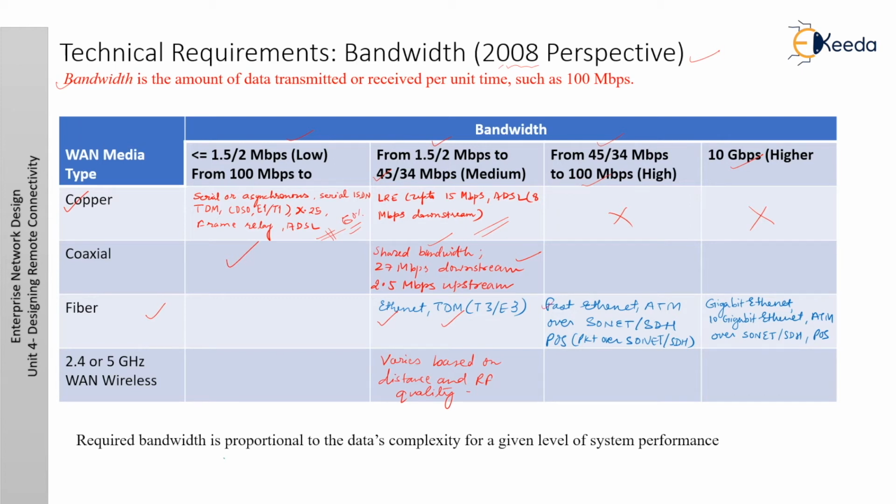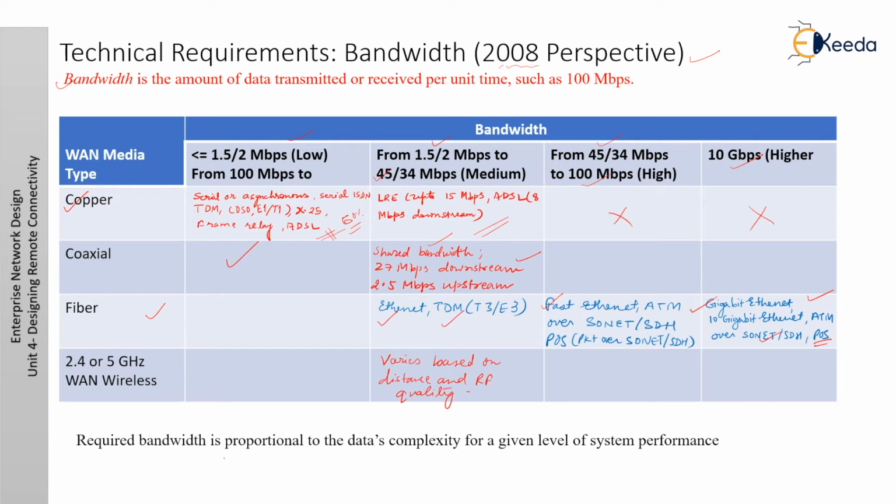Then fast Ethernet is ATM over SONET and SDH, packet over SONET or SDH; these technologies we are using. And in case of gigabit Ethernet, 10 GB Ethernet, ATM over SONET and SDH, and POS, that is packet over SONET and SDH. So these are the technologies. If we consider data, then we use POS. Otherwise, for voice and other things, we use SONET SDH technology.